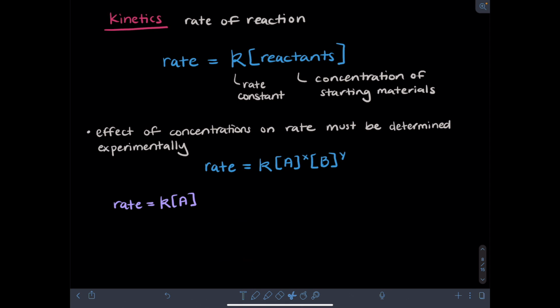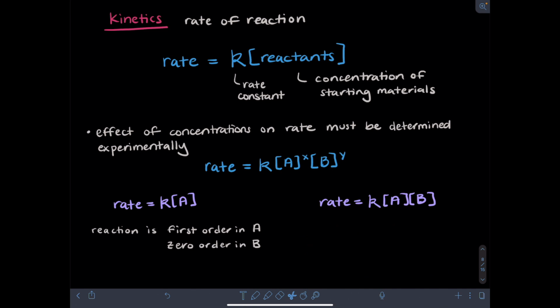Let's say you experimentally determined that the rate was equal to the rate constant times the concentration of A to the first power. We would say that this reaction is first order in A and 0 order in B. Alternatively, let's say you determined your rate law to be equal to the rate constant times the concentration of A times the concentration of B. We would say this reaction is first order in A, because it's A to the first power.